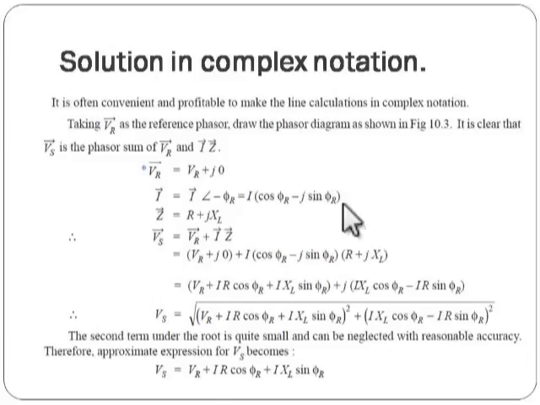Therefore an approximate expression for Vs becomes Vs equal to VR plus IR cos phi r plus IXL sin phi r. This expression is approximately the same as we found in the earlier case. So the complex calculation as well as the regular calculation gives the same answer for Vs.